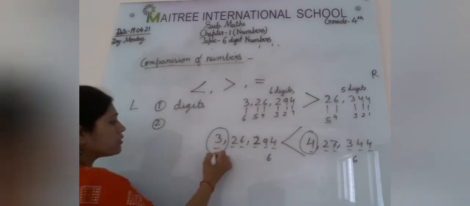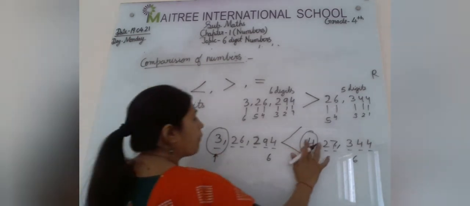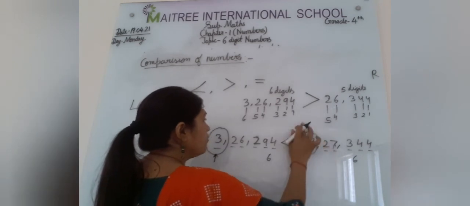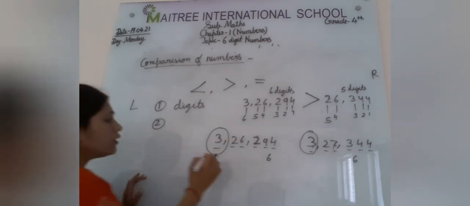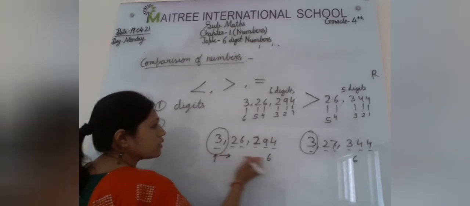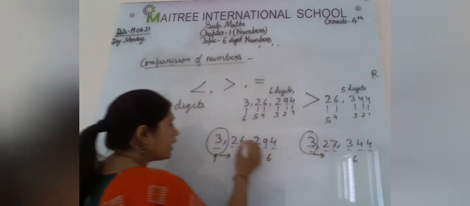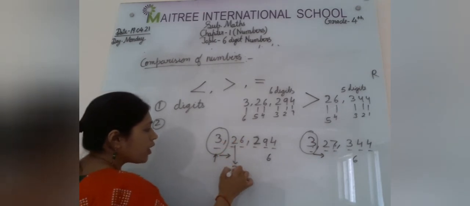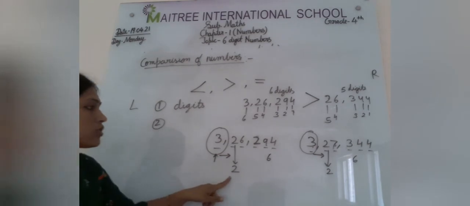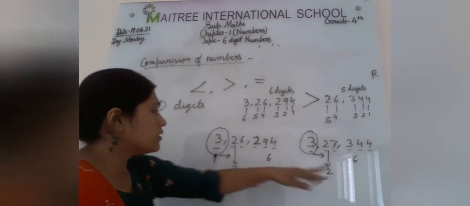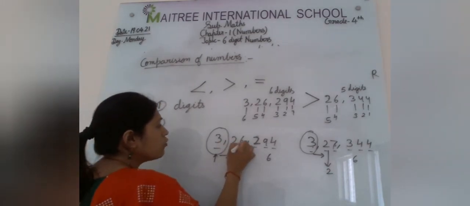If this number is also the same, what will happen if here also we have 3? Yes. So what will we do now? We'll check the next digit. Here we have 2 and here also we have 2. If this digit is also the same, then we'll move to the next digit. Now let's move on to the next.